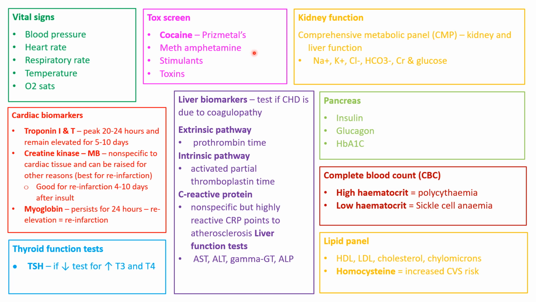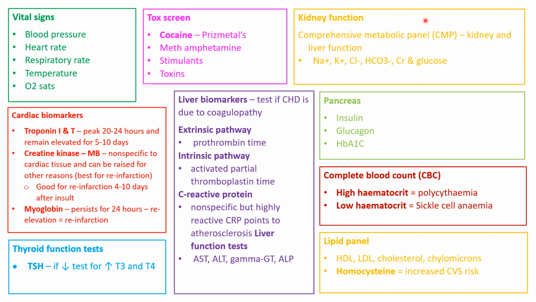So we mentioned in the angina pectoris video that there's a variant called Prinzmetal's variant, and this can be caused by cocaine, because you get vasospasm of the coronary arteries impeding the blood flow, which can actually have some transient ST elevation on the ECG.